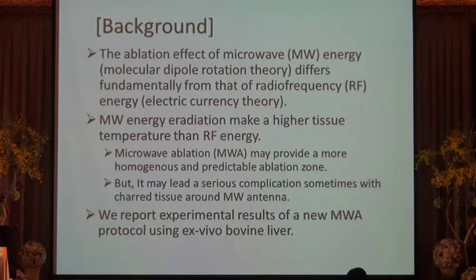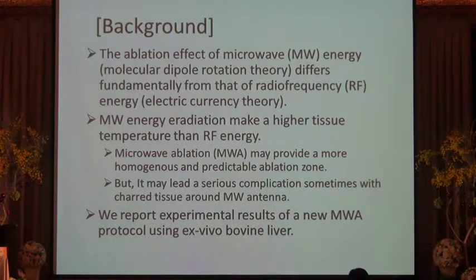Microwave ablation creates a more homogeneous and predictable ablation zone depending on microwave energy irradiation. But it may sometimes lead to serious complications because of the high temperature surrounding the microwave antenna.